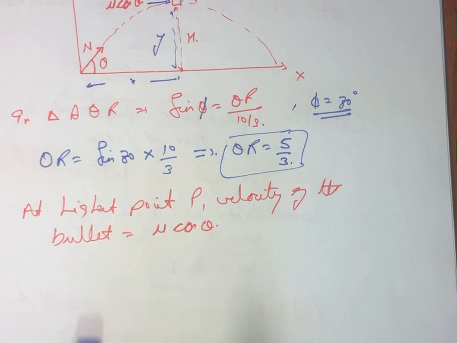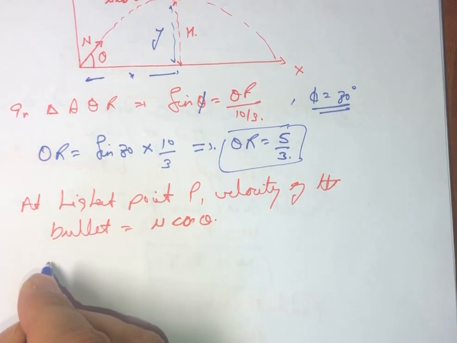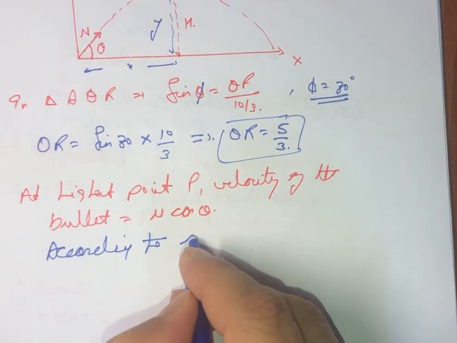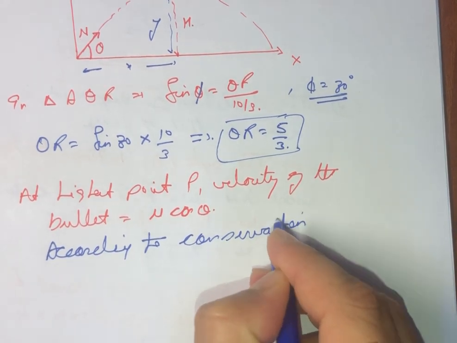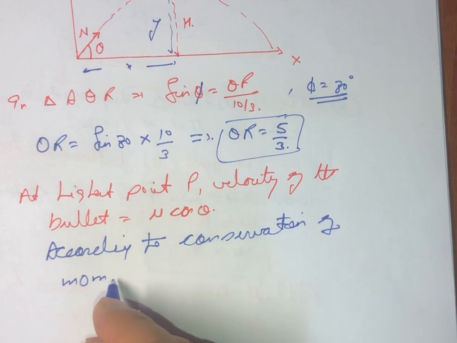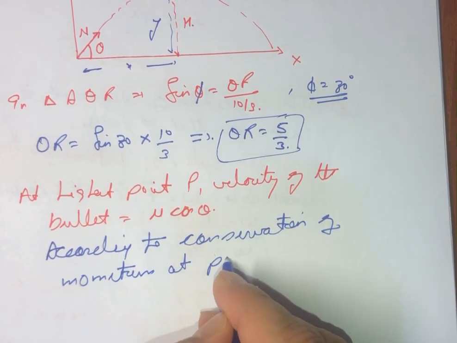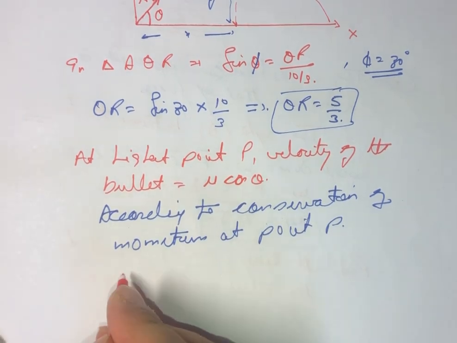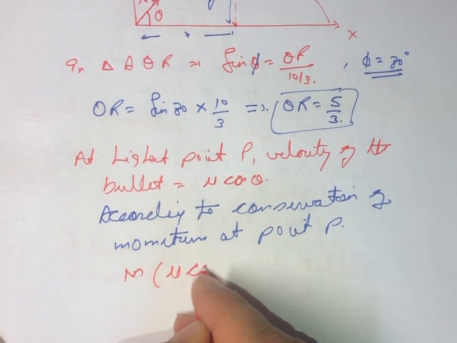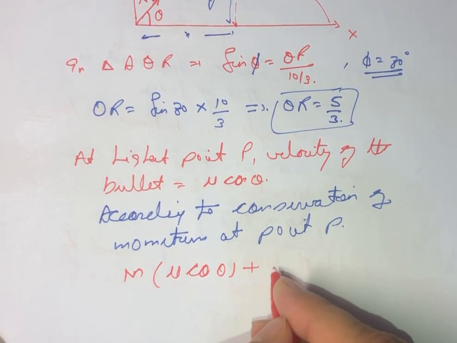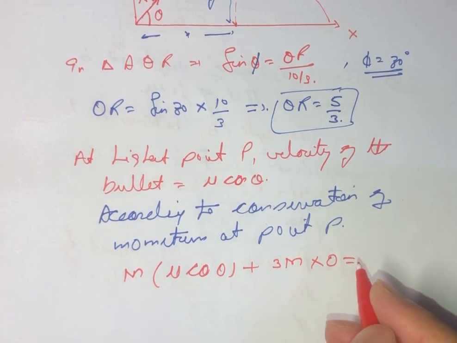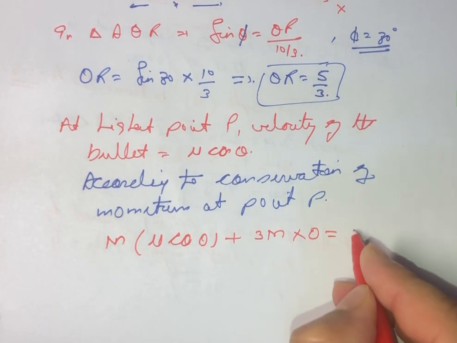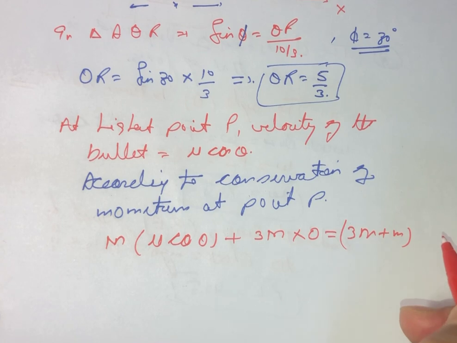So let us use the conservation of momentum at this point P. According to conservation of momentum at point P, we can say the mass of the bullet is m, its velocity is u cos theta, plus the mass of the bob is 3m, its velocity is 0, and that will be equal to, the bullet gets embedded into the bob, therefore we get 3m plus m multiplied by v.